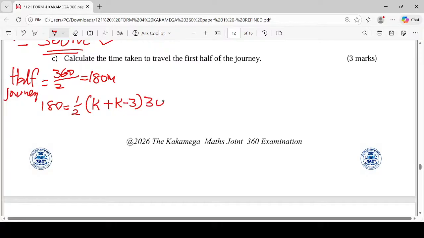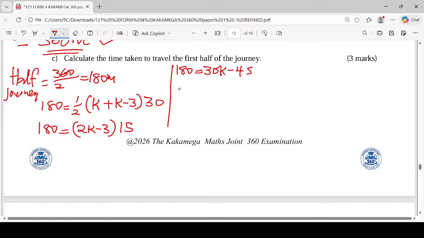So this will be now 180 is equal to (2k minus 3) into 15. So 180 is equal to 2k times 15, that is going to be 30k, negative 3 times 15, that's going to be negative 45.